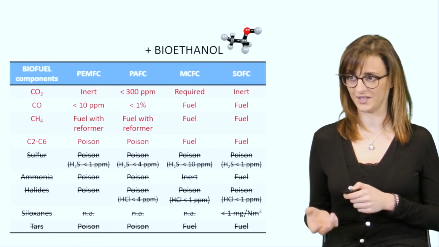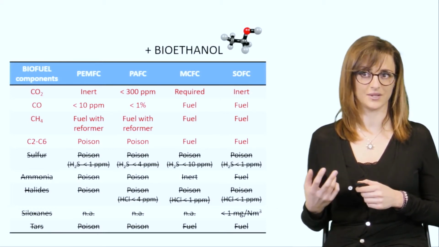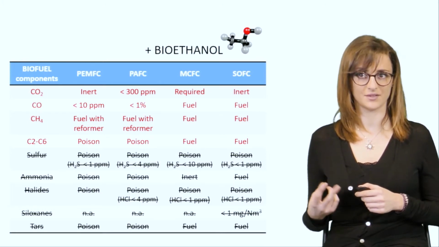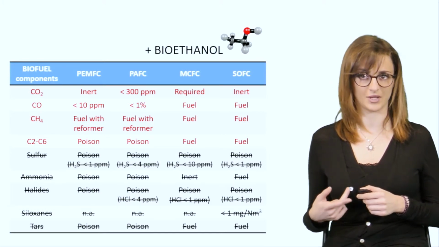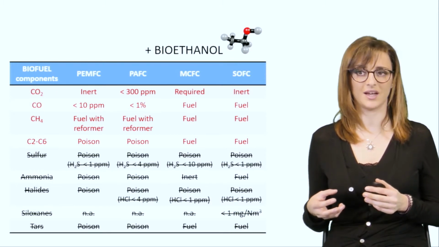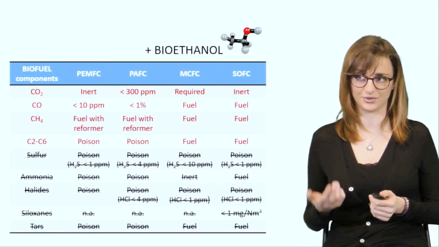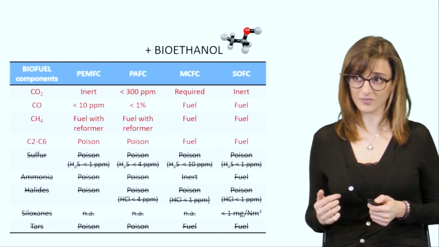It is not methane, CH4, but it's a molecule where we have two atoms of carbon, five atoms of hydrogen, and one atom of oxygen. So the molecule has to be broken down and transformed in order to release hydrogen fuel for the fuel cell.